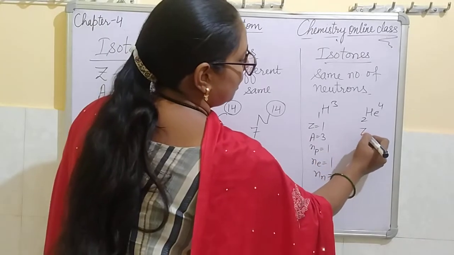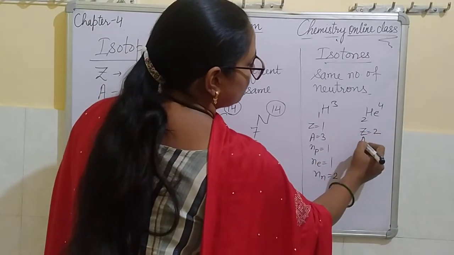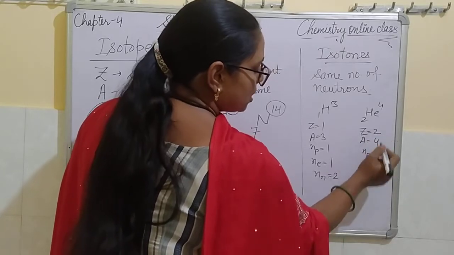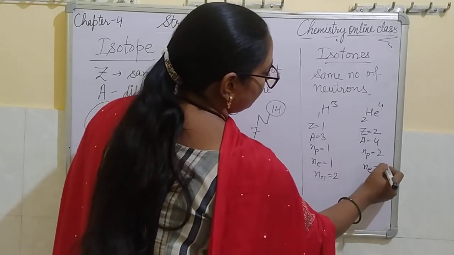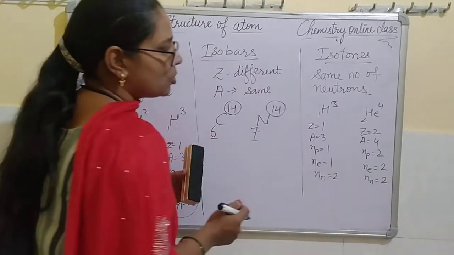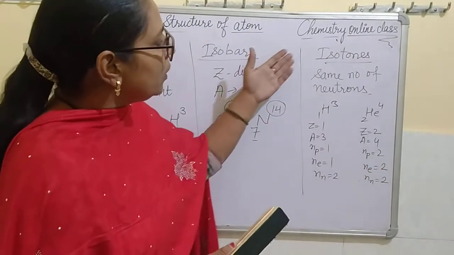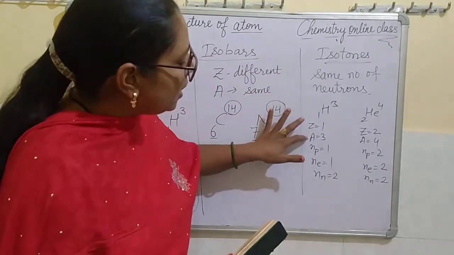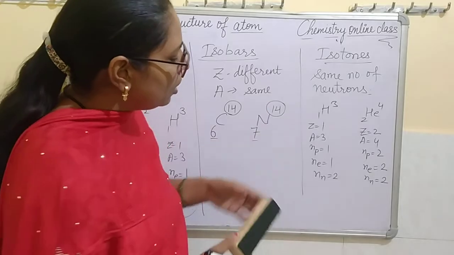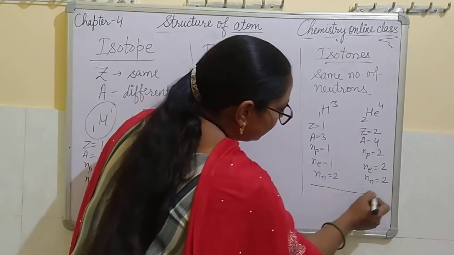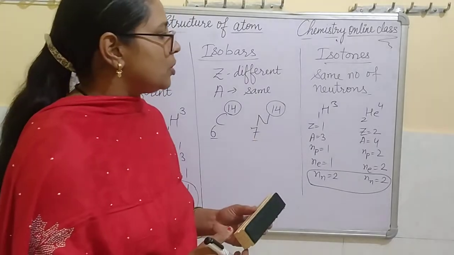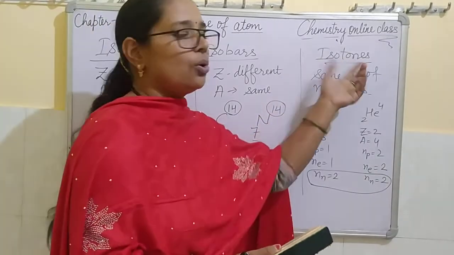Here Z is 2, A is 4, number of protons 2, same as atomic number, number of electrons 2, number of neutrons 2. So in isotones we don't consider Z and A. They might be the same or they might be different, but we consider only that they have the same number of neutrons. So these are isotones.